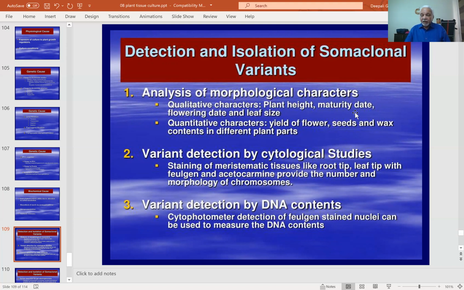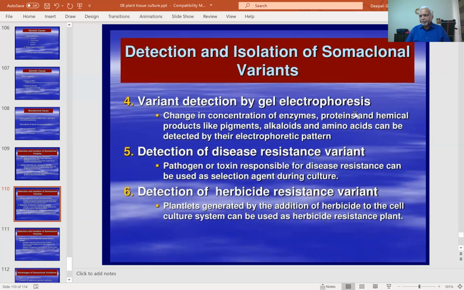And then the DNA content: whether a loss or gain of DNA has taken place, when you have polyploids or aneuploids, will be directly reflected in the DNA content. That is another way to detect change. You can check it by electrophoresis, separating these macromolecules on gel and looking for any difference among the different clones which you have.